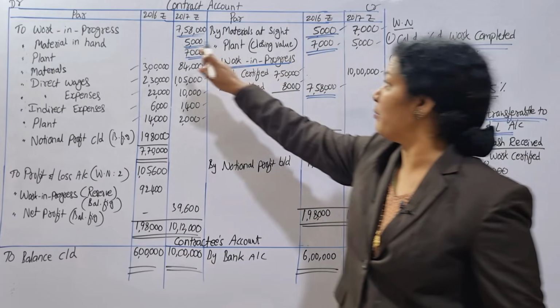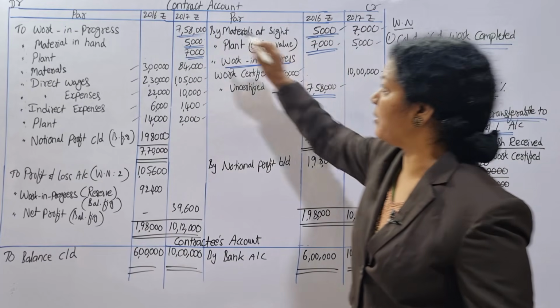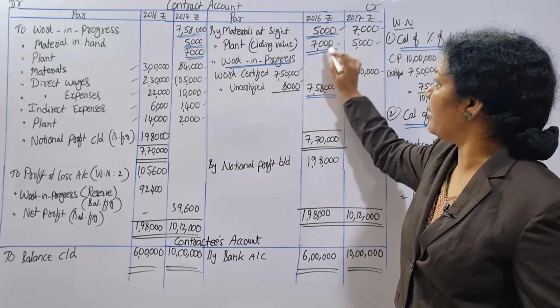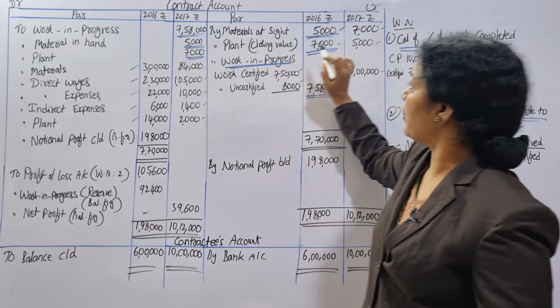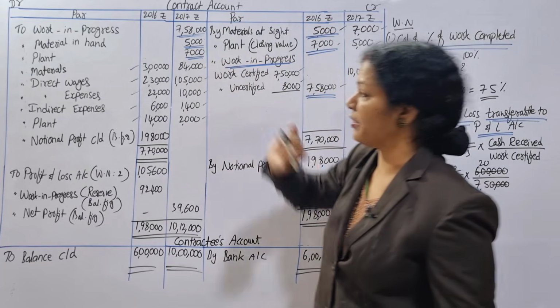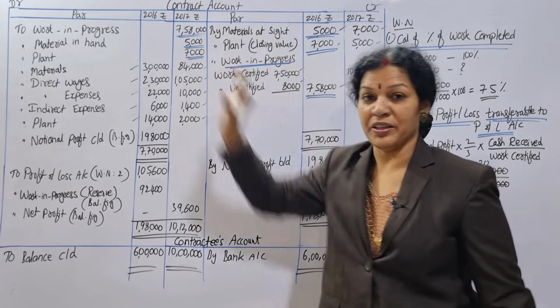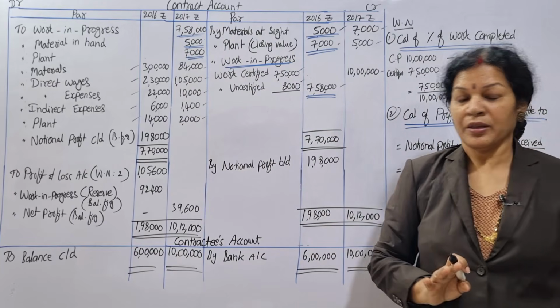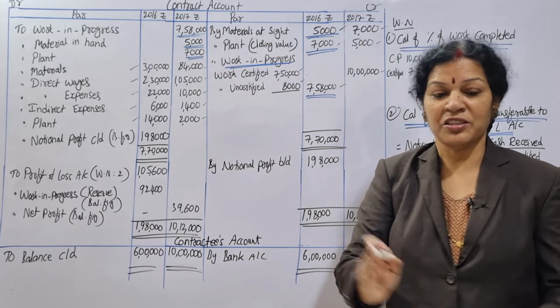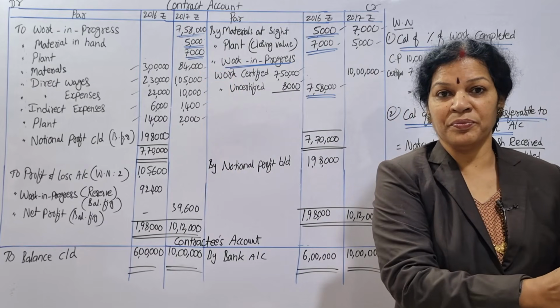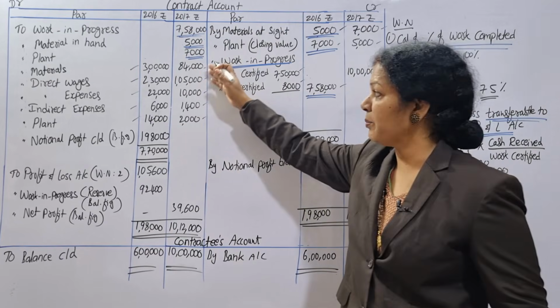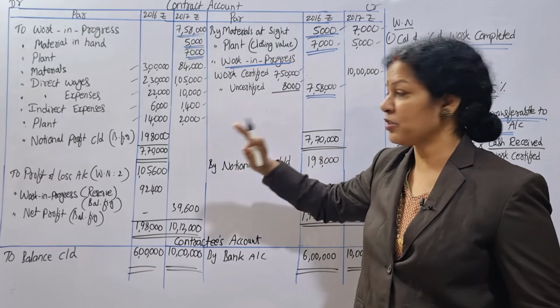So 3 I have written. Work in progress, how much? 7,58,000. Material in hand 5,000 and plant, closing value of plant, that is 7,000. 3 I have written here. And rest of the amounts are as it is given in the problem, like material, direct wages, expenses, indirect expenses and plant.